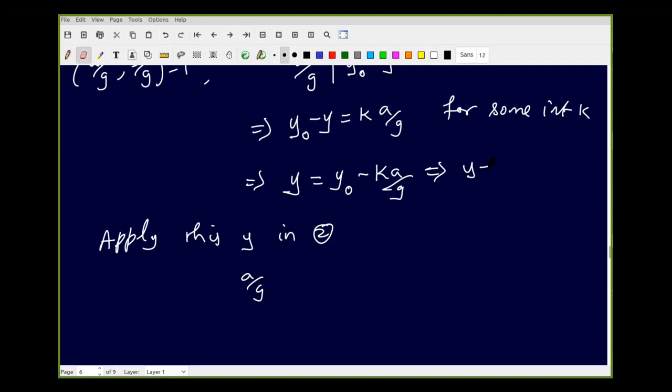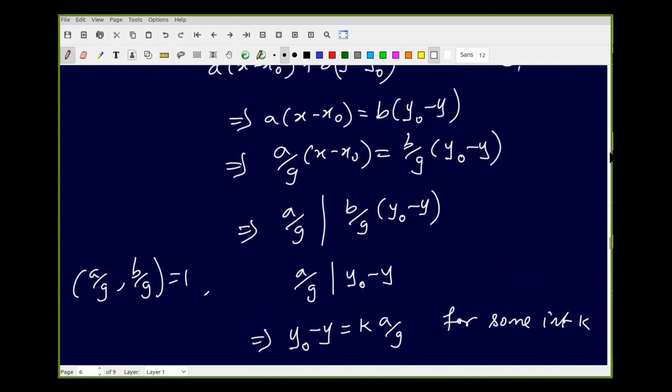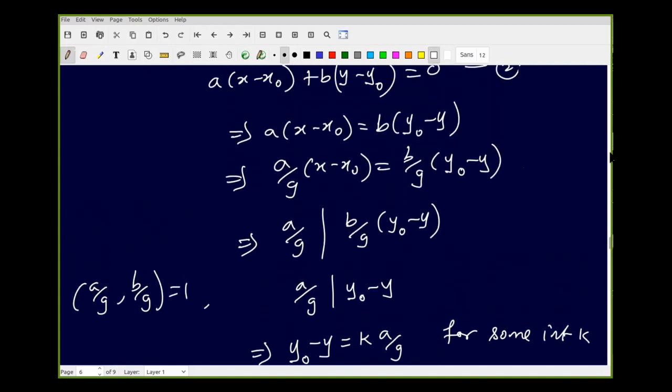We write y − y₀ equal to −k(a/g), and that will be applied in the equation (a/g)(x − x₀) + (b/g)(y − y₀) = 0.